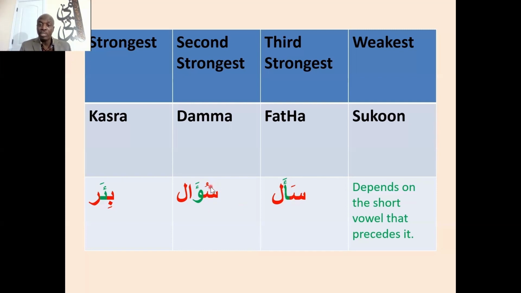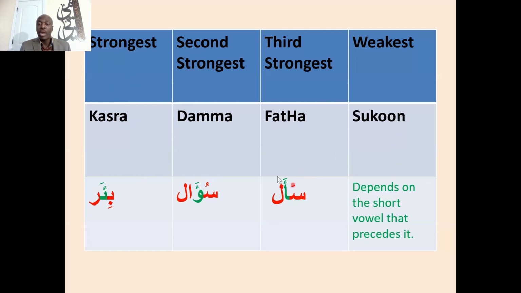The Dhamma gives you the Waw as a seat, and the Kasra gives you the Ya as a seat for the Hamza. And we need to remember these in order. Strongest: Kasra, Dhamma, Fatha, Sukoon.